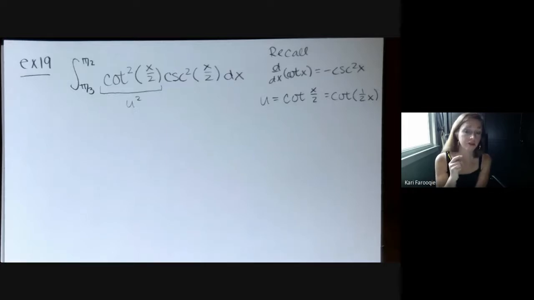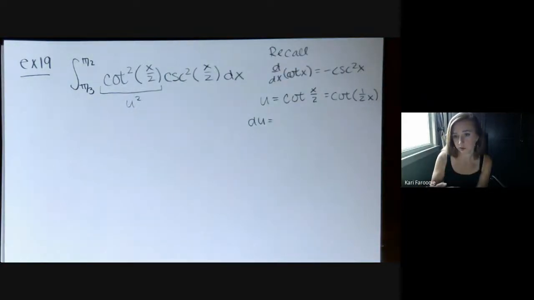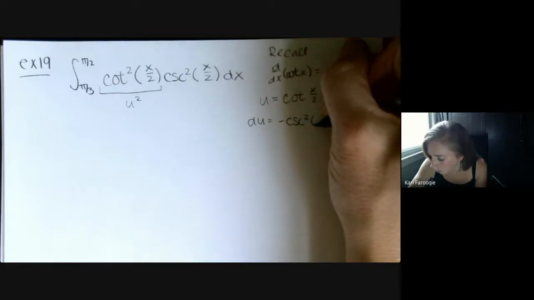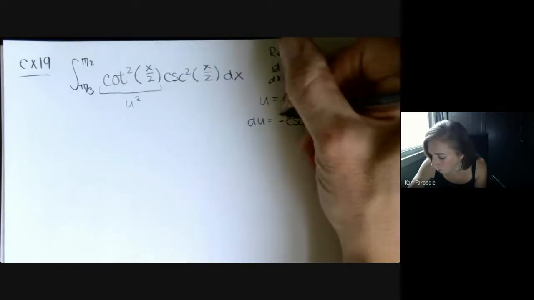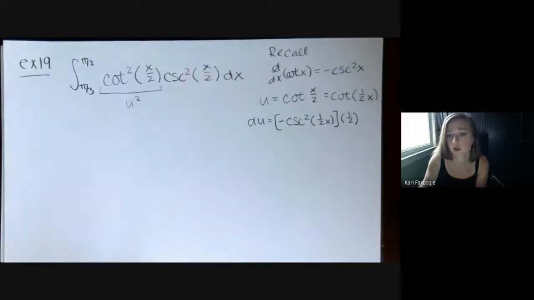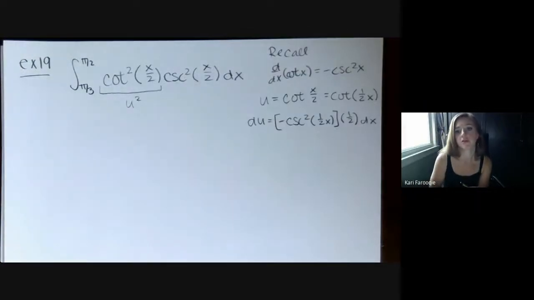Now, when you take this derivative, you're going to have to use the chain rule. So the derivative of cotangent, we already said, was negative cosecant squared. So we'll write this as negative cosecant squared 1/2 x, and don't forget to chain on the derivative of the inside function, which in our case is 1/2 dx.